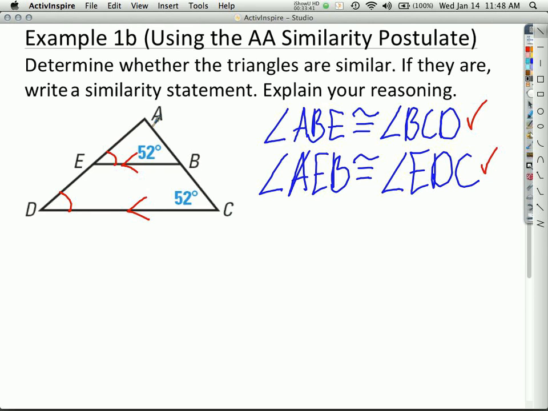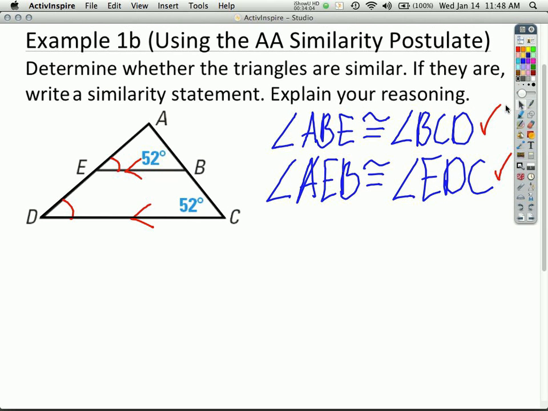If you missed it, here's what you can do. Instead of drawing this picture as it is, if you are asked at any point to prove two triangles similar, and they're on top of each other, then what you can do is draw them separately. So let me draw this.